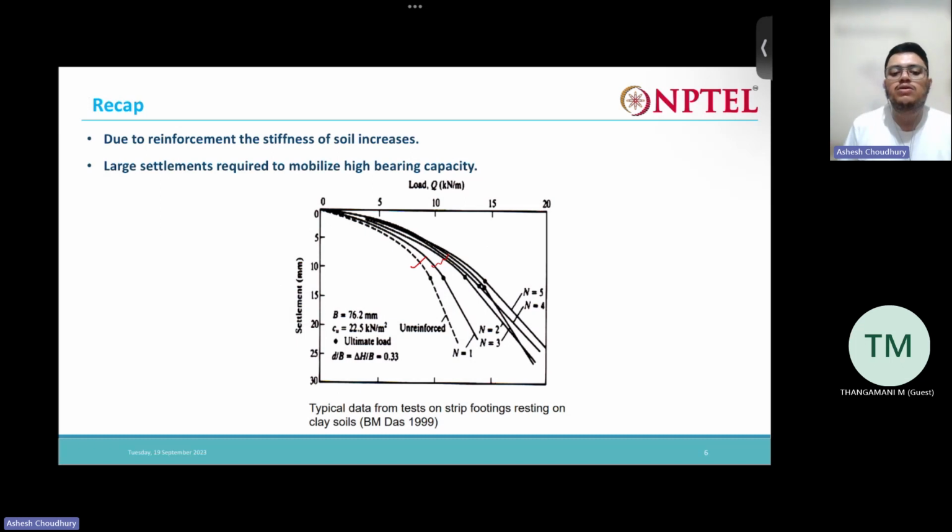Here n equal to 1, 2, 3, 4, 5 means the number of layers of reinforcement that you have provided. So you can see that as we increase the number of reinforcement layers, the load capacity is increasing, and the soil is also becoming stiffer. Initially, the initial modulus was something like this, but then it has become stiffer.